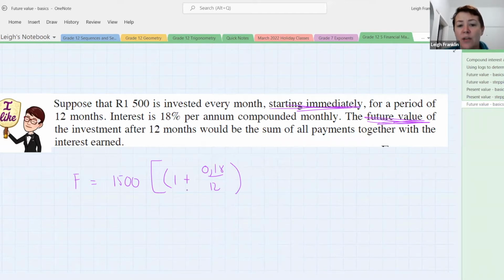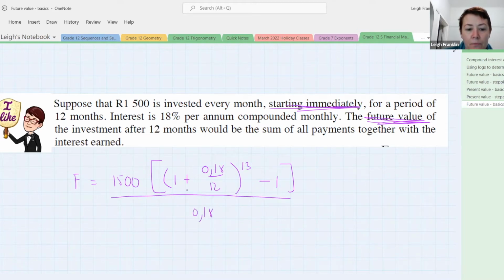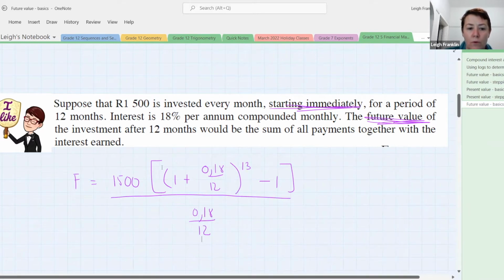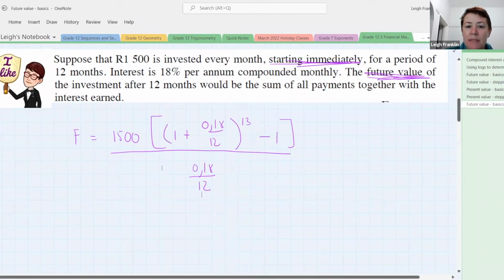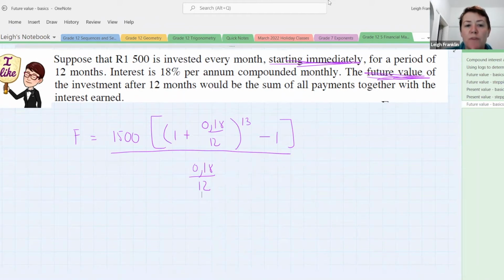Plus, because they have said we have started immediately, it means that there would be 13 payments in this particular situation. Does that make sense to everybody? Sometimes there is an immediate payment, sometimes there isn't. You've just got to be very careful of the language that's used.